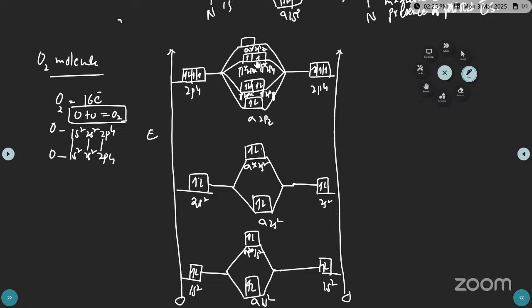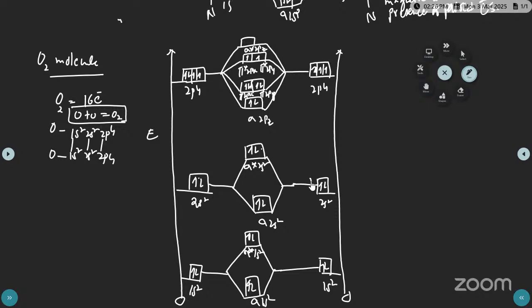Don't add them to each other. According to Hund's principle, the orbitals are filled with one electron each, and then pairing takes place. So all 8 electrons are filled up to here.